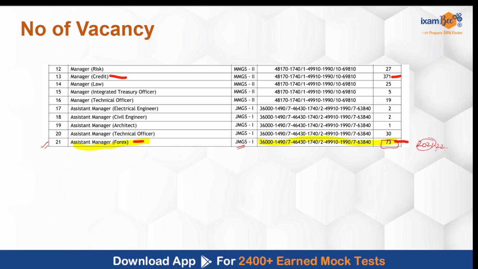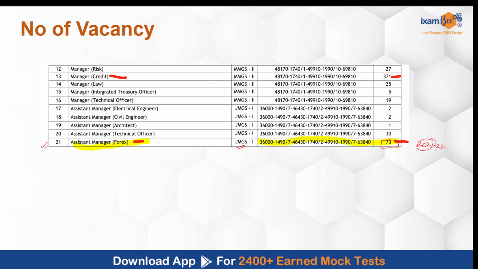So it will usually be in bigger cities and good cities that you are likely to be posted in. Then there could also be opportunities related to foreign postings going forward in your career, right?